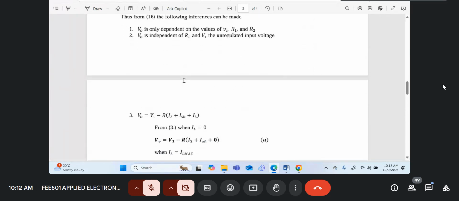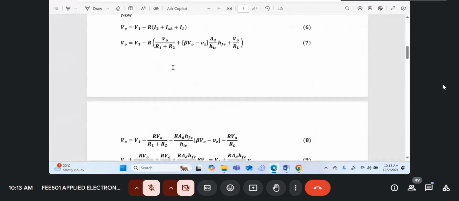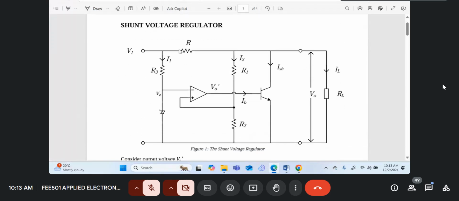The other inference we can make is that V naught is V1 minus the drop across R. R is that series resistance we put. If you look at this circuit over here, this is this R. The currents passing through R are I2, I shunt, and IL.